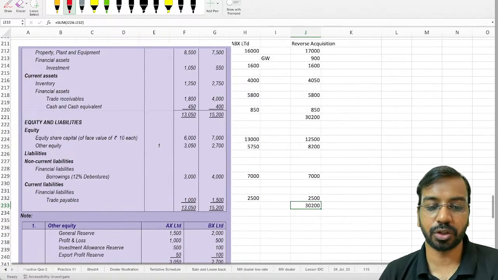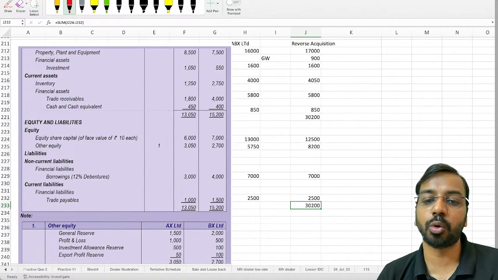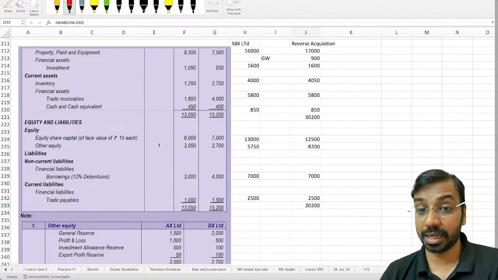So this is how we do the accounting when there is a case of reverse acquisition, right? So we have done common control transactions and we have also done the reverse acquisition case.